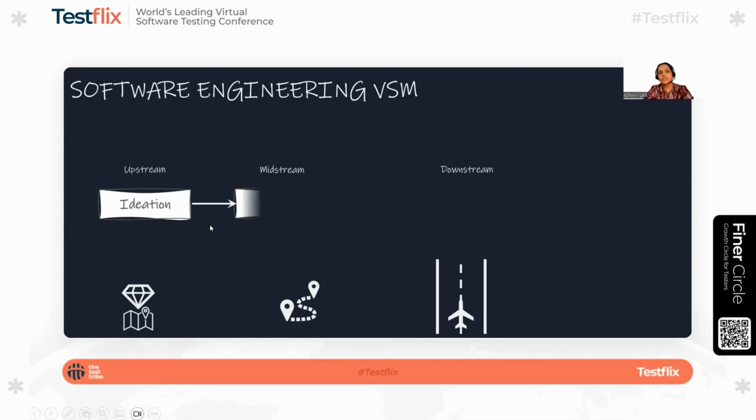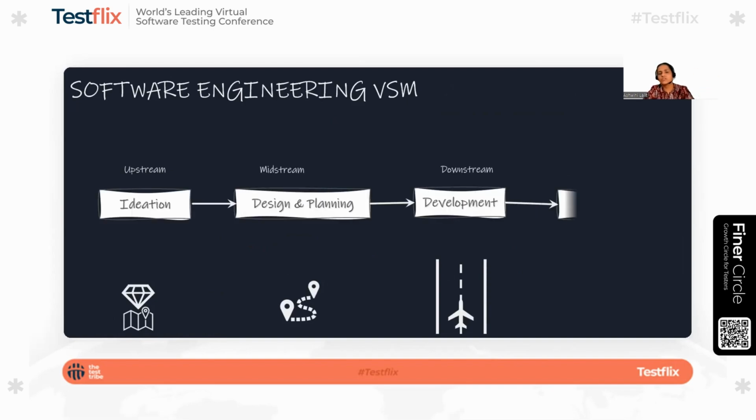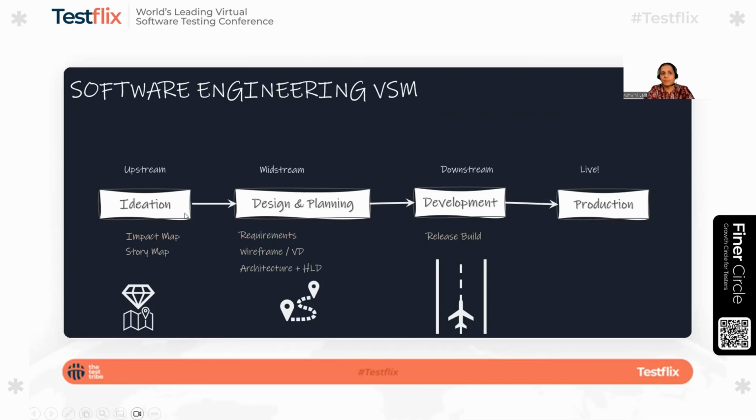The software engineering value stream from a 35,000 foot view can be articulated in these 4 steps. There's a good deal of groundwork happening in ideation and design and planning, which then culminates so that development takes off.